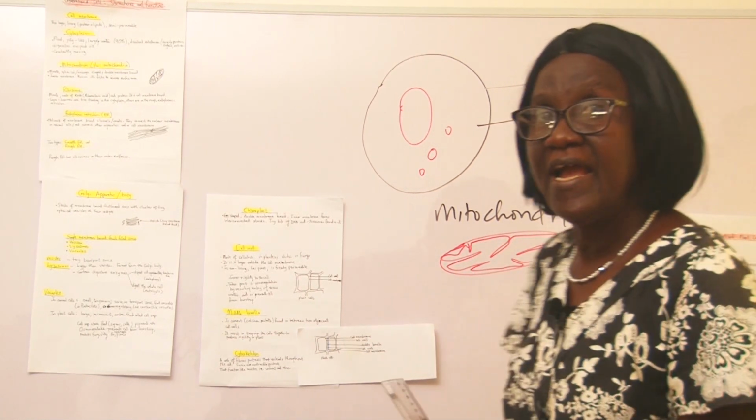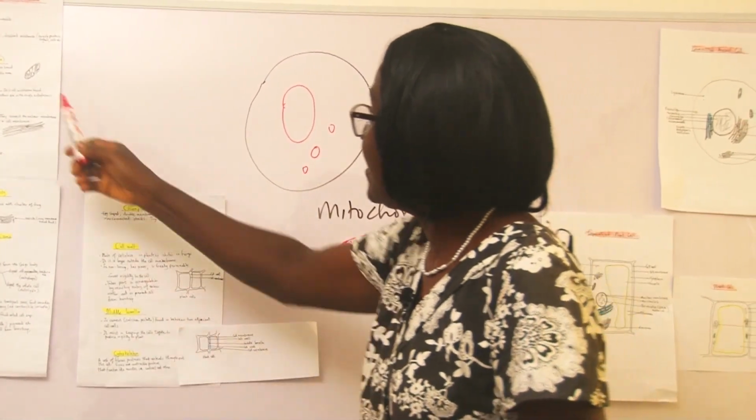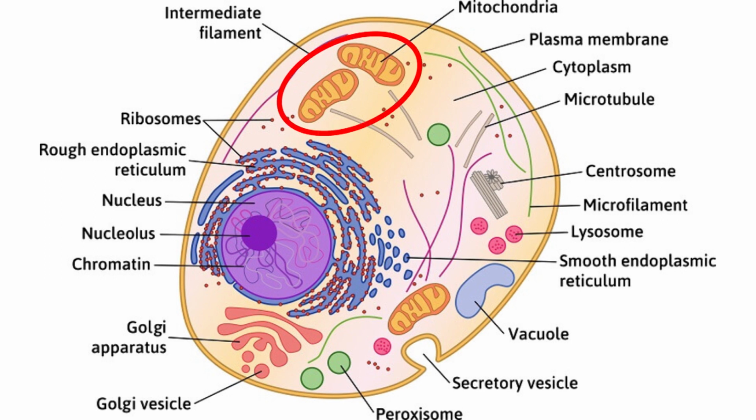That is it. So that's the mitochondria. It's tiny, spherical or sausage-shaped, double membrane bound, inner membrane thrown into folds to increase the surface area, all right, for reactions.